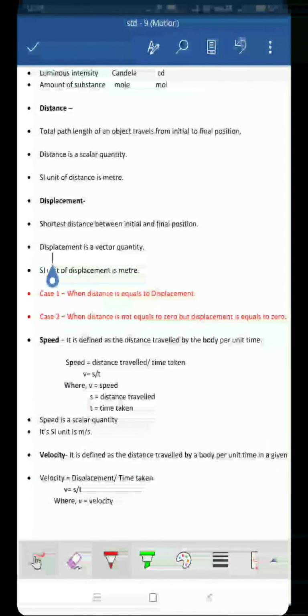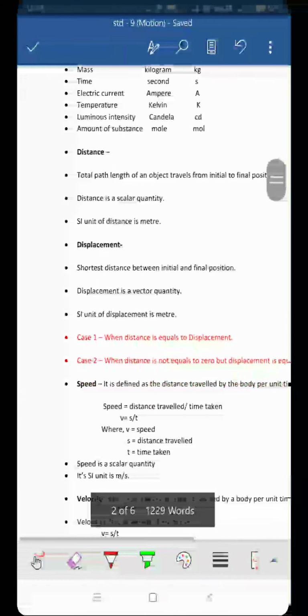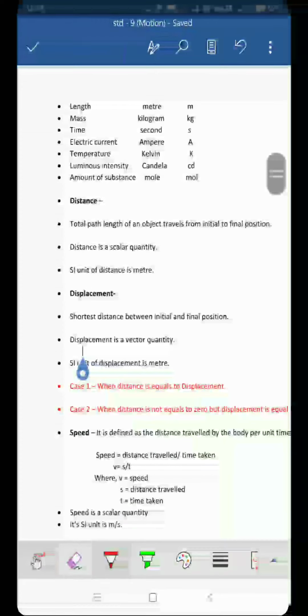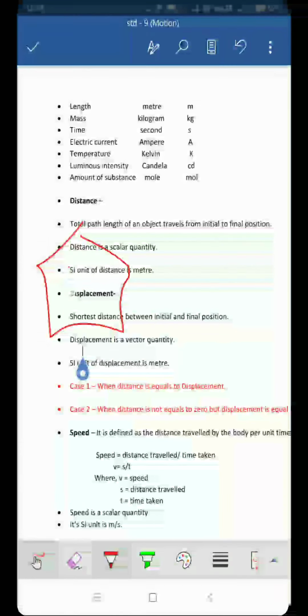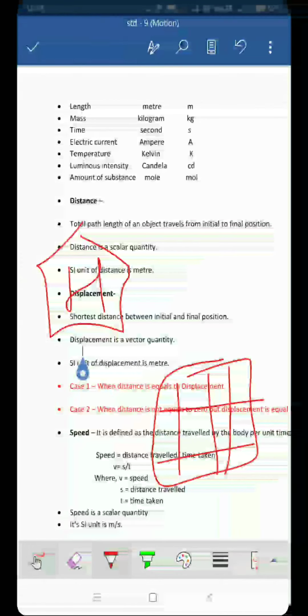Let us look at another example where, for example, suppose this is your home and this is your school, right? Now again consider the same boy.